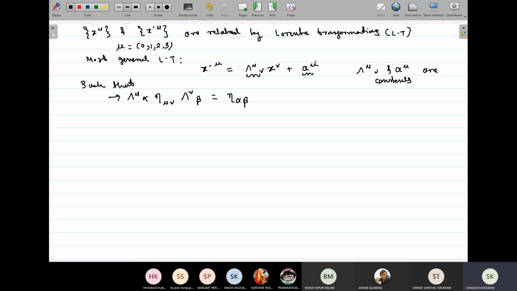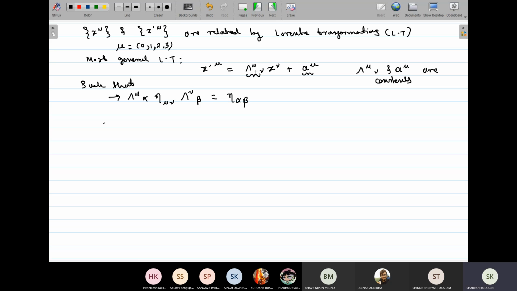The a mus are constants. Suppose lambdas are set to identity; physically, can you think what these a mus are?